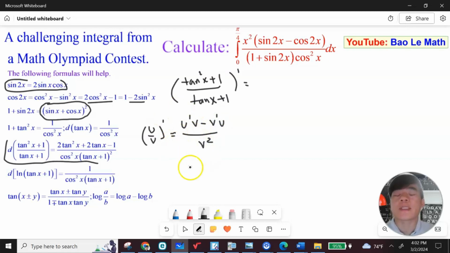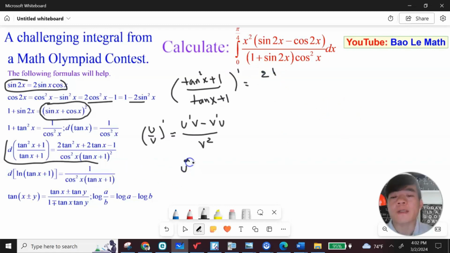This is the general derivative, and now I need to apply it to this formula. So I have u as tangent square of x plus 1, and the derivative of this one equals this.